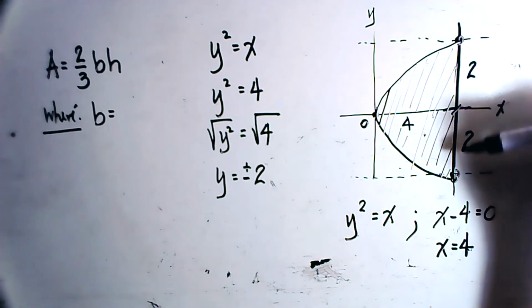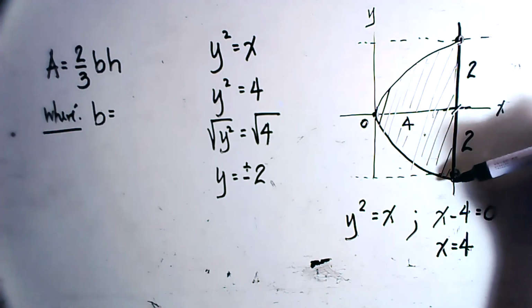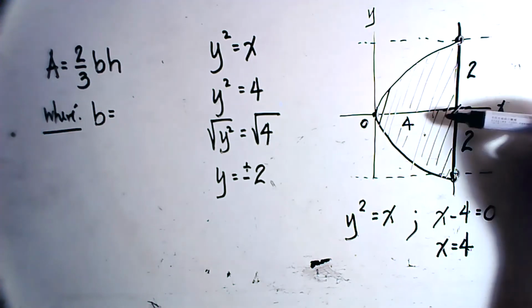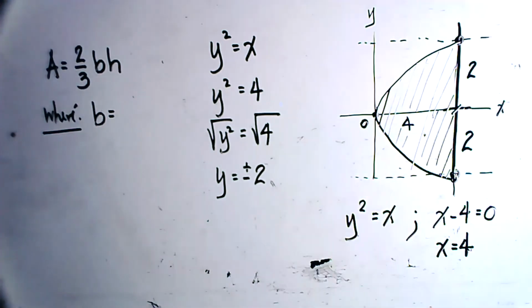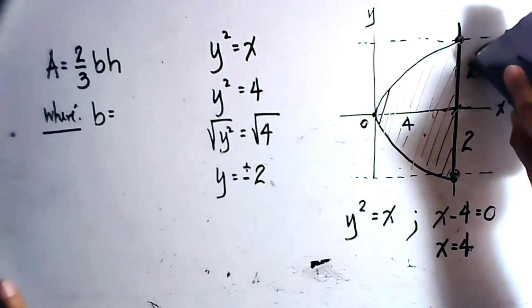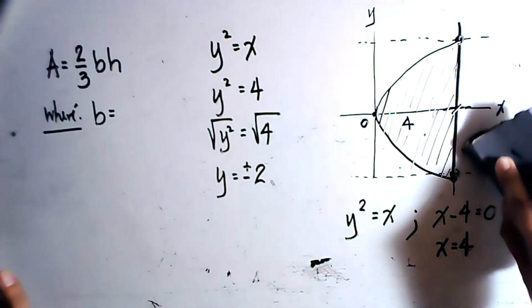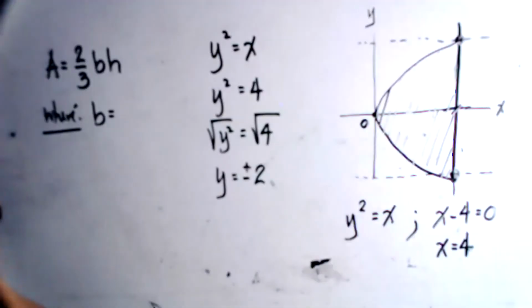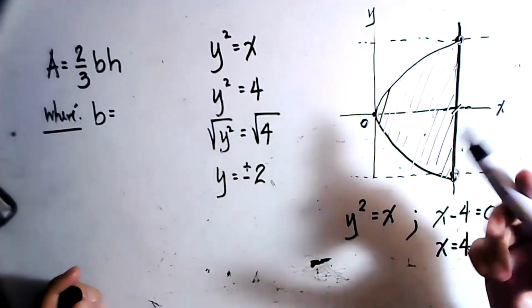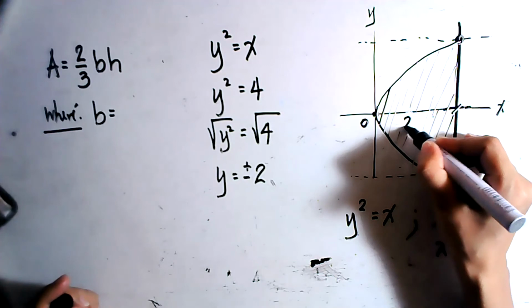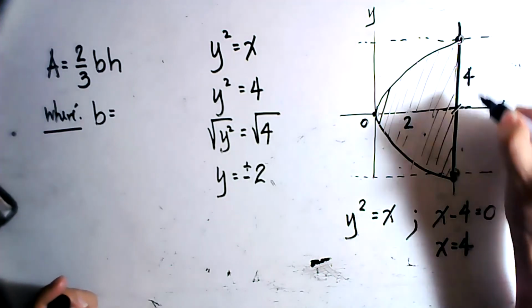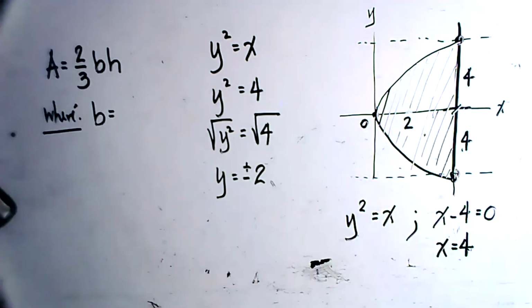Sorry, let me correct that. This should be 4 and this should be 4, while this one should be 2. This should be 2 and this should be 4 and this is 4.